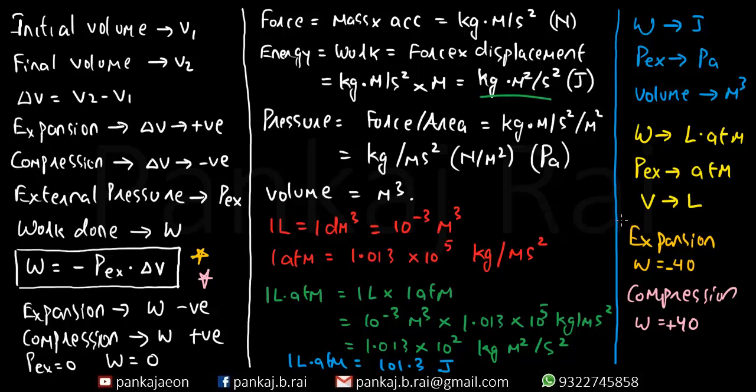Accordingly, you have to use V1 and V2. During expansion V1 will be small and V2 will be greater, so delta V will be positive. During compression V1 will be more and V2 will be less, so delta V will be negative. Accordingly you substitute and you will get all the values properly. Thank you very much.